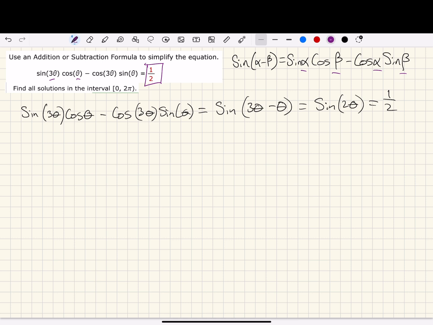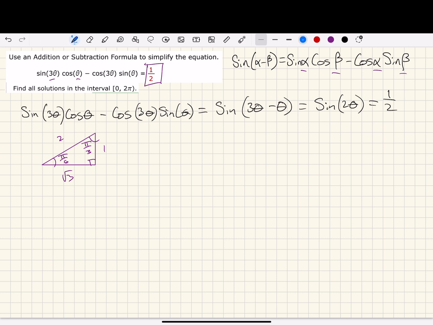Now, if we think about our special triangles, we know that for the triangle with internal angles pi over 6, pi over 3, and 90, the sides that we remember are 1, 2, and square root of 3.